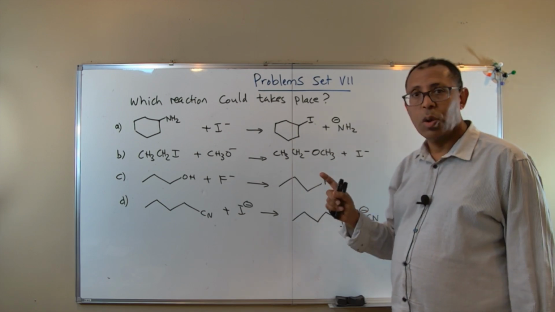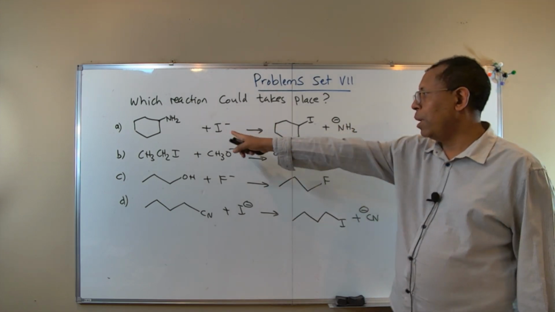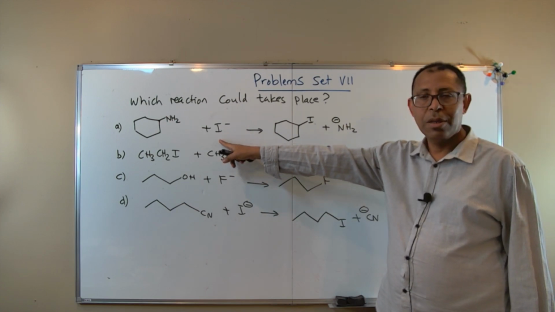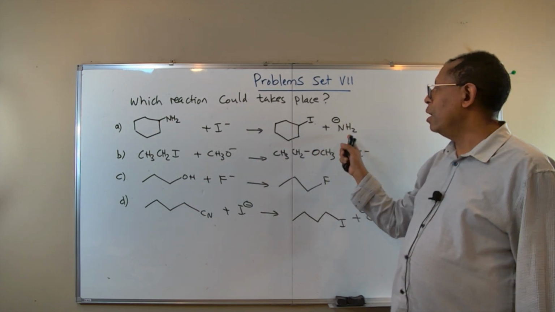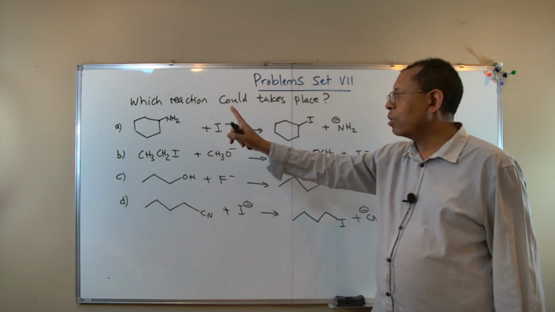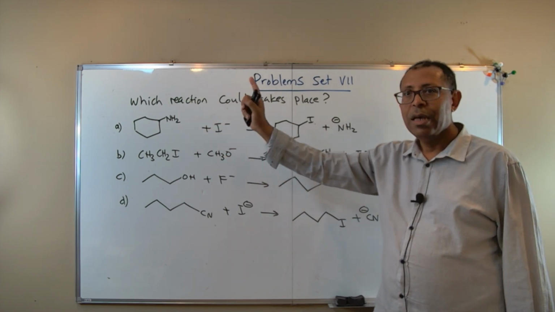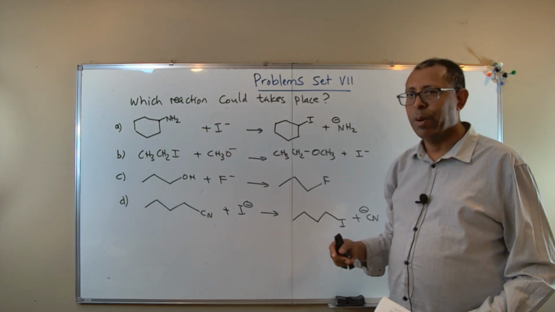It is a very strong base as NH2 minus. So it's a much stronger base than I minus. That means NH2 is more nucleophilic than I minus. So iodide anion cannot replace it. That reaction would not take place.